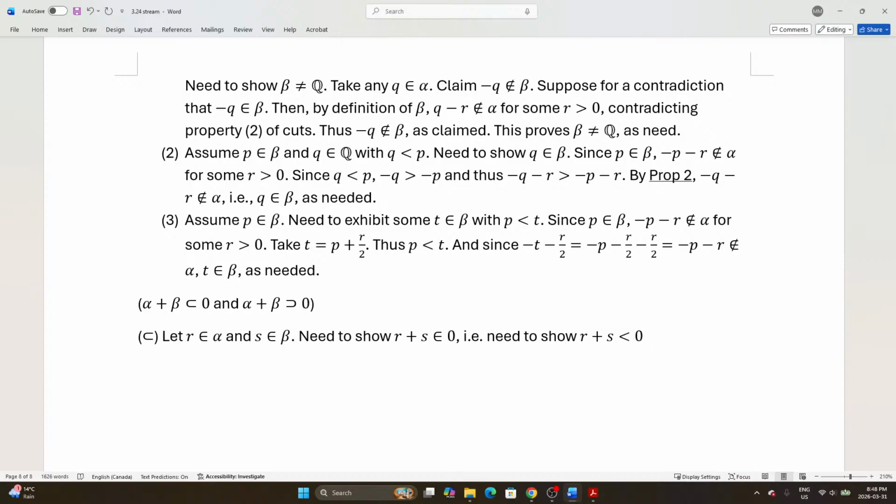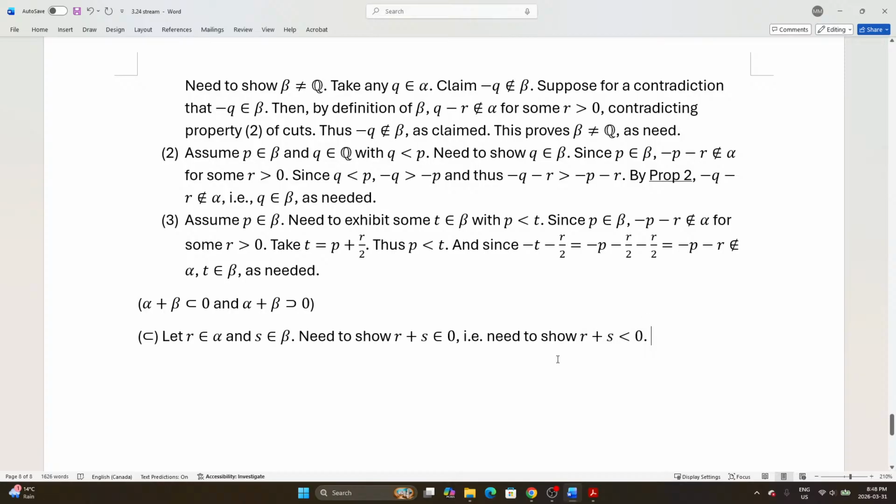This is where things can look confusing, but there's no possibility of confusion here, because r plus s, being the sum of two Latin letters, is a rational number. The cut 0 refers to the set of all negative rationals. So it's just the same as showing r plus s is less than the rational 0. Even though this looks a bit weird, there's no confusion here.